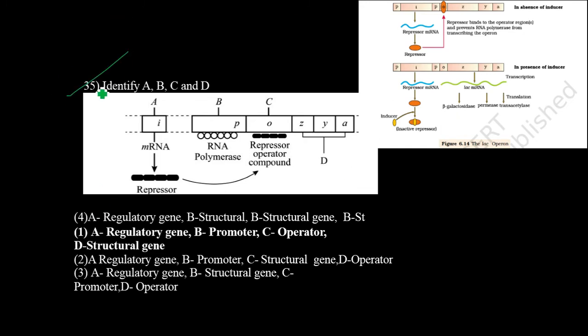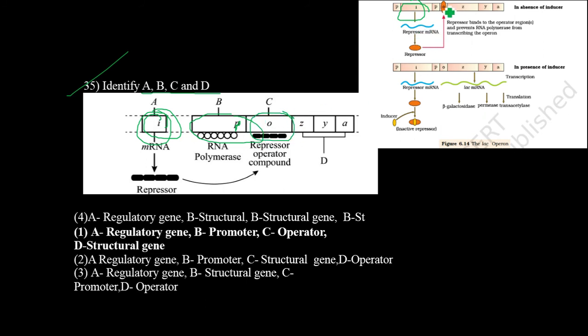Next, question number 35. Identify A, B, C, D. What is the A here? A is a regulatory gene. This is the regulatory gene. What is the B? B is the promoter. Here you can see P. Next, what is the C? C is the operator.